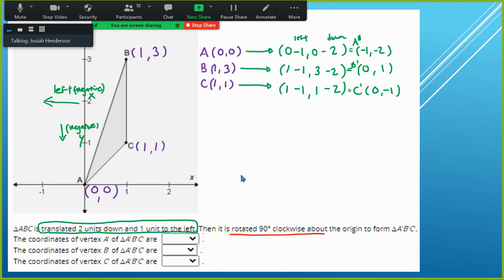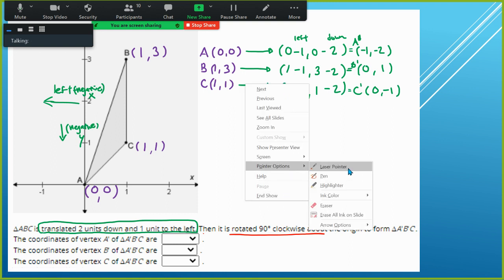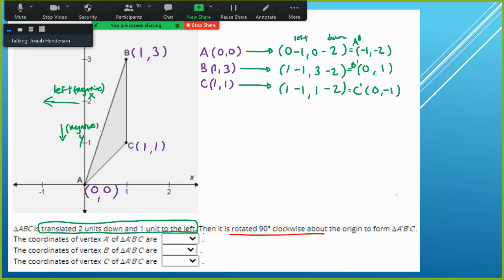Okay, finally, we're going to do our 90-degree rotation. So I'll put this in red because it goes with, in the words, 90-degree clockwise rotation. And we're not changing the purple points, we're changing the green points because we've already done a translation to those.